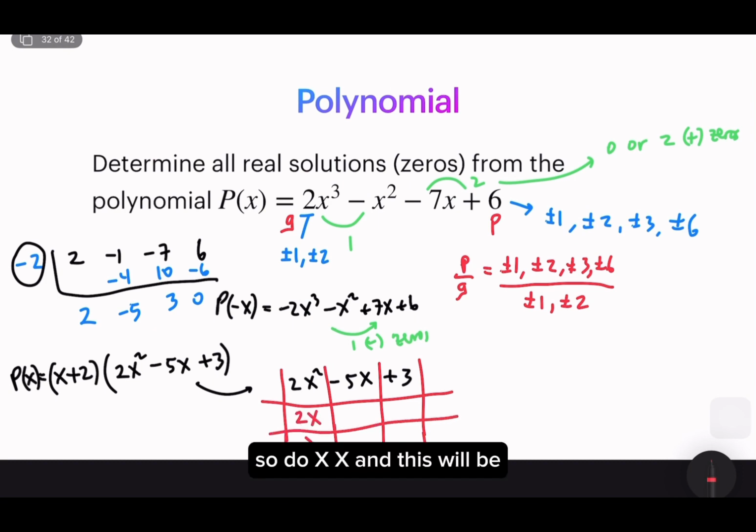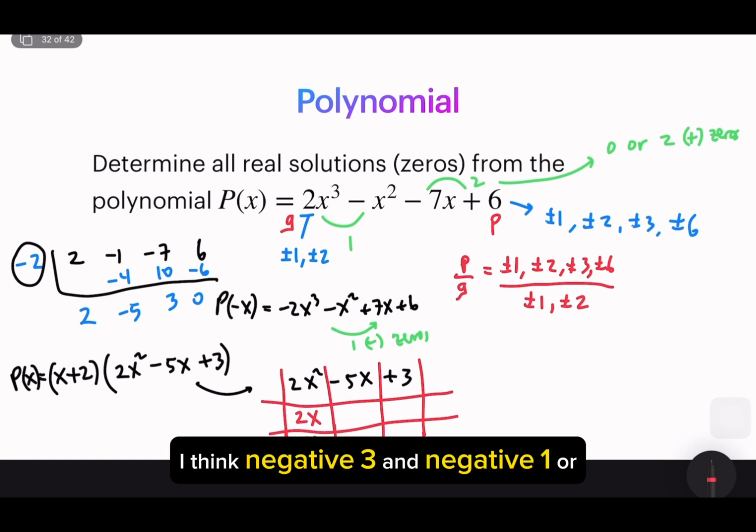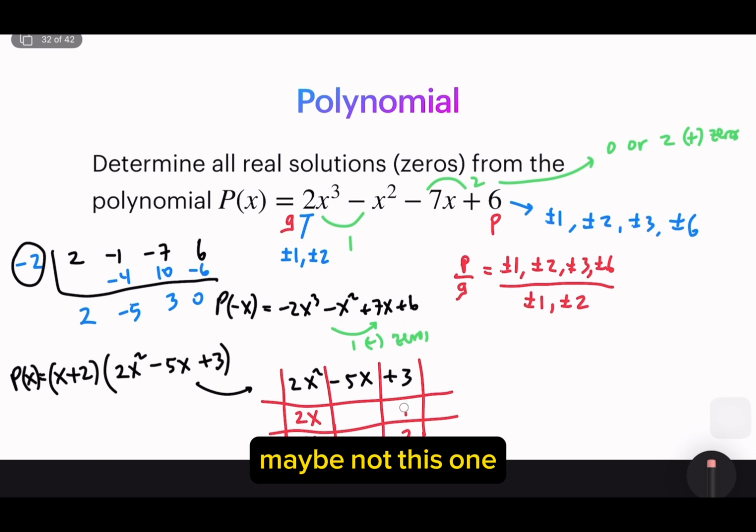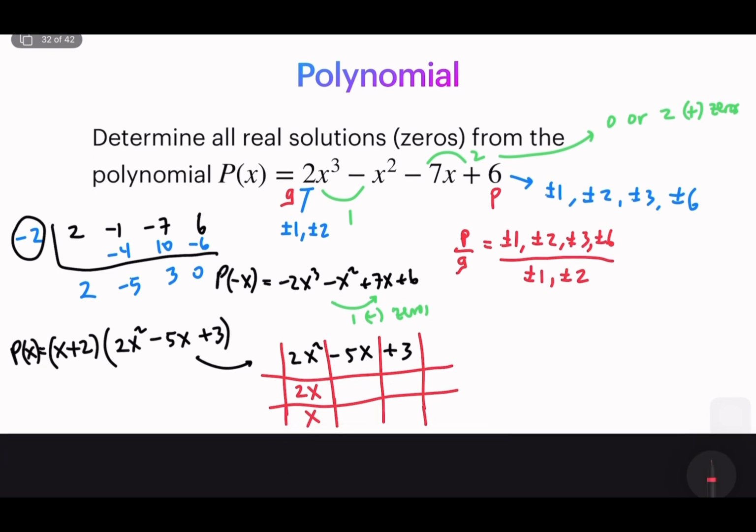So 2x, and this will be, I think, negative 3 and negative 1. Maybe not this one. Maybe 3, 1.